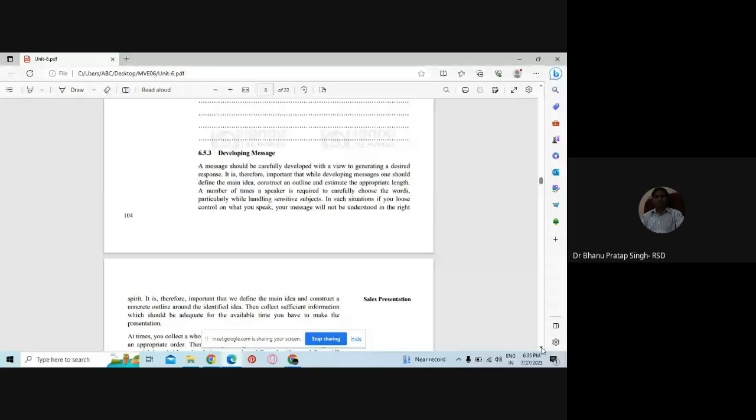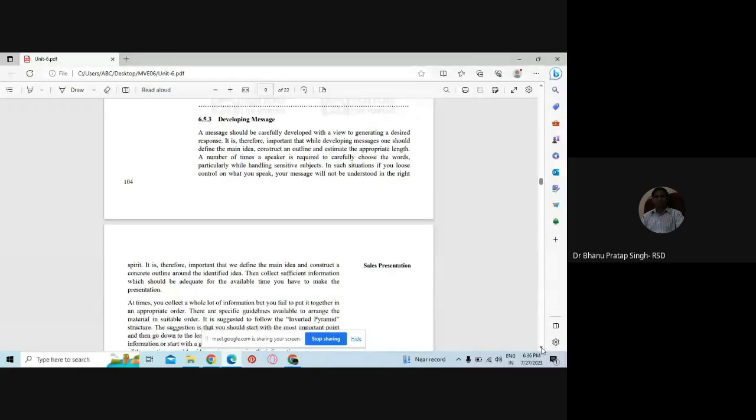So how can we develop, as a presenter, as a medical practitioner, the message? A message should be carefully developed with a view to generating a desired response. It is therefore important that while developing a message, one should define the main idea, construct an outline, and estimate the appropriate length.